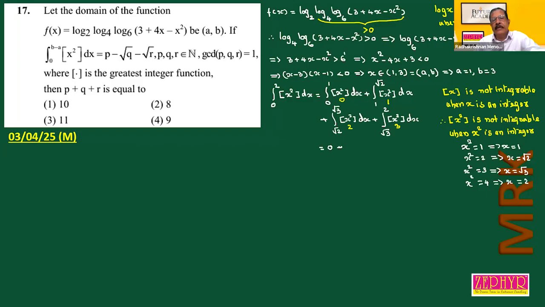Second one, when we integrate, you will be getting integral of 1, that is x. If you want, you can write it and then integrate: integral 1 to √2 dx, plus integral √2 to √3 2 dx, plus integral √3 to √4 3 dx.